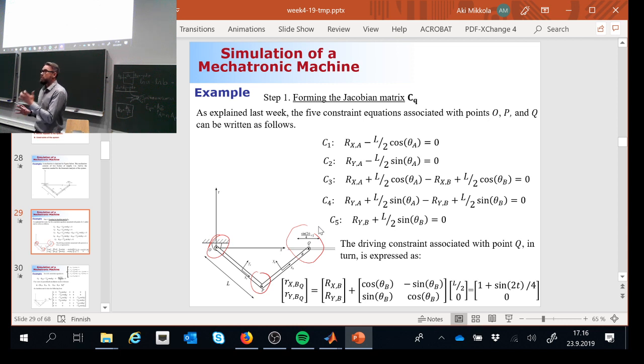How many generalized coordinates do I have in a system that consists of 2 bodies? 6. You're all voting for 6? Are you 100% sure about that? Yes. Good, because it's 6. It's 6 generalized coordinates that are needed in a system that consists of 2 bodies. 9 generalized coordinates for a system that consists of 3 bodies, and so on and so forth.